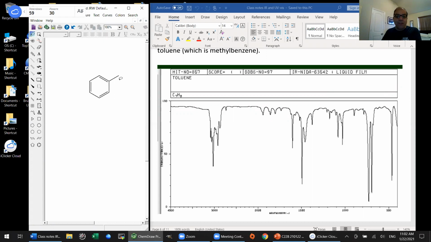And that's because we do have one sp3 hybridized carbon, but we also have all of these other 5 sp2 hybridized carbons that have CH bonds. If you mentally draw a line up from 3,000 wave numbers, you'll see we have them on both sides. And that makes sense. That's consistent with the structure.